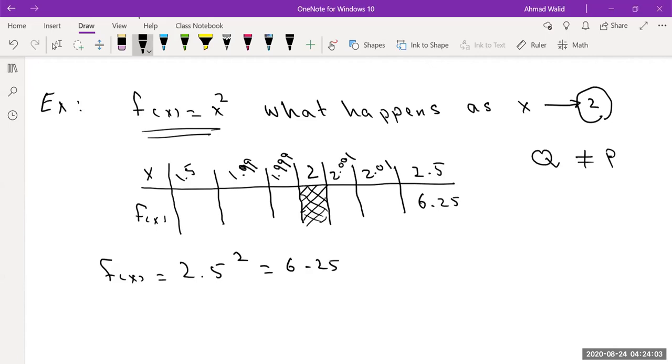let me turn on my calculator, 2.01, and you square 2.01, it gives you 4.0401.